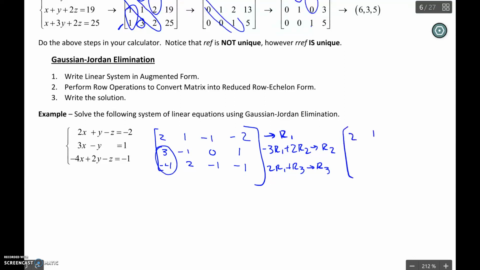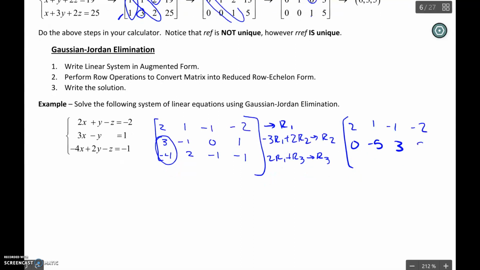So 2, 1, -1, -2. -3 times 2 is -6 plus 3 times 2, which is 6, so that's 0. -3 minus 2 is -5. Positive 3 plus 0 is 3. And -6 plus 2 is 8. Right? Positive 6 plus 2 is 8.